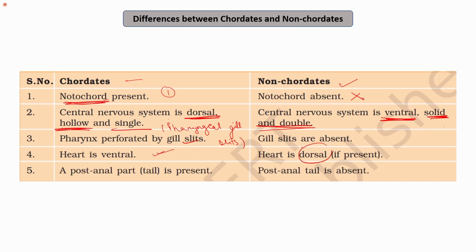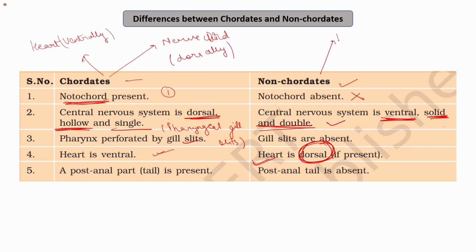So this is important: in case of non-chordates, if the heart is present, it is present dorsally, and the nerve cord is present ventrally. While in chordates, the heart is present ventrally and the nerve cord is present dorsally.